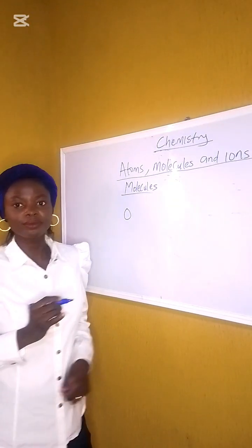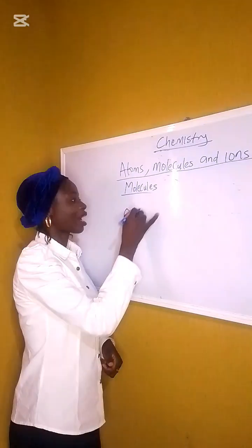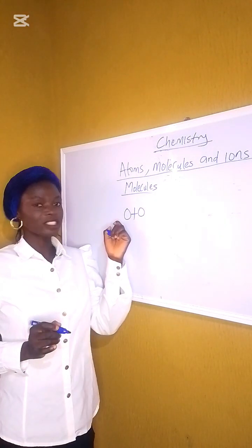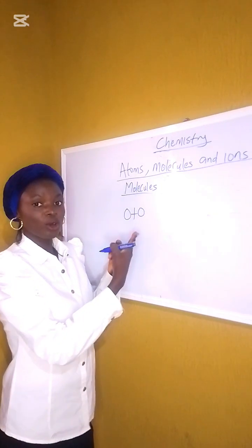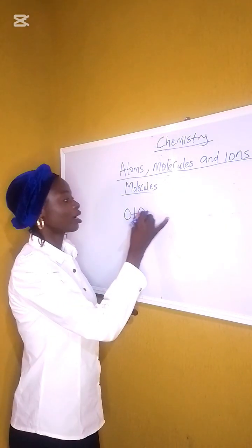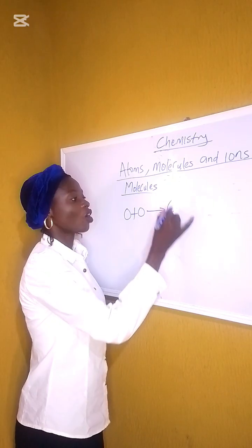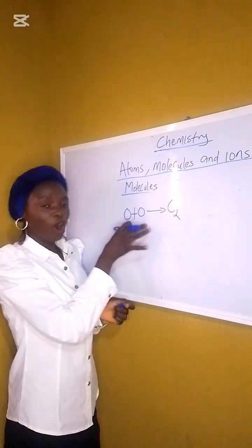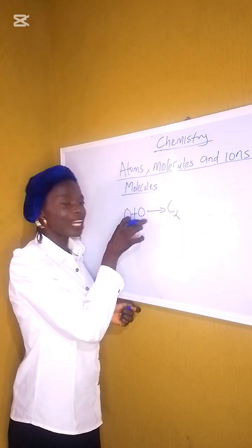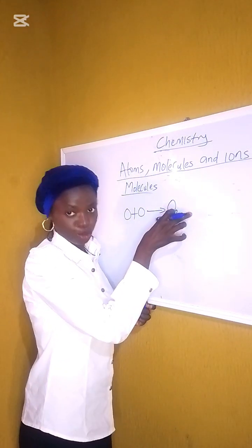Oxygen and another oxygen. This is an oxygen atom and this is another oxygen atom. When the two chemically combine together, you are going to have an oxygen molecule. This is atoms of the same element coming together to form a molecule.